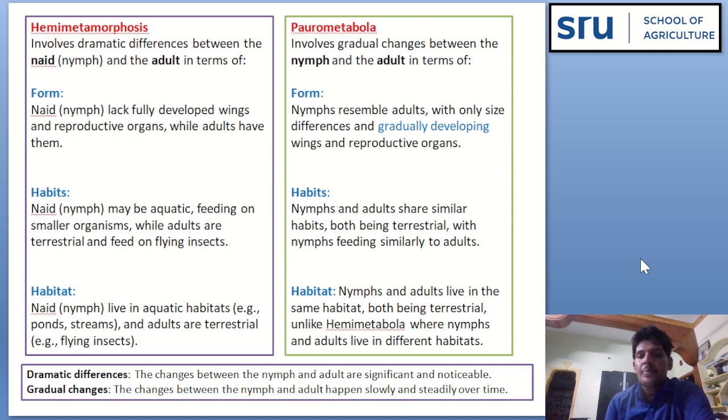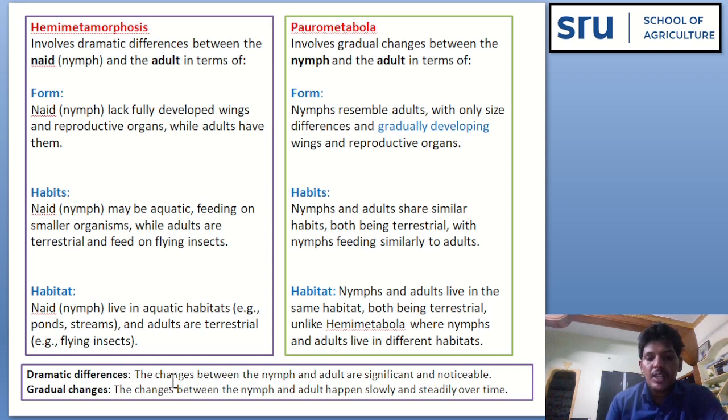See here the complete and clear difference between hemimetamorphosis and gradual metamorphosis. Hemimetamorphosis involves dramatic differences between the naiads and adults in terms of form, habits, and habitat. Gradual metamorphosis, or paurometabola, involves gradual changes between the nymph and adult in terms of form, habits, and habitat.